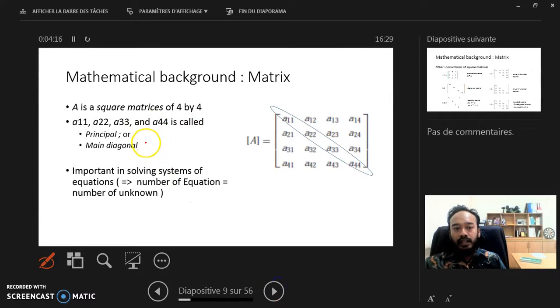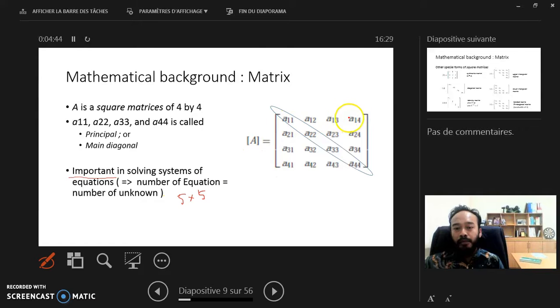And then the matrix that we're going to use is a square matrix. Why a square matrix? It is very important. Because a square matrix would mean that the number of equations and the number of unknowns that you have are equal. If you have 5 equations and 5 unknowns, that means you would have a matrix with a dimension of 5 by 5.